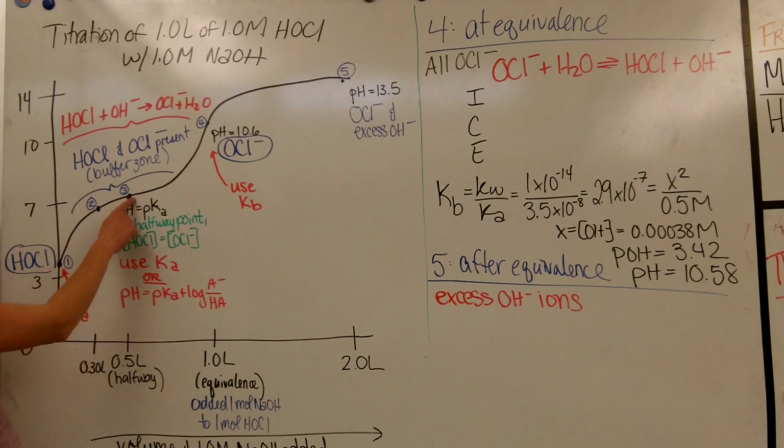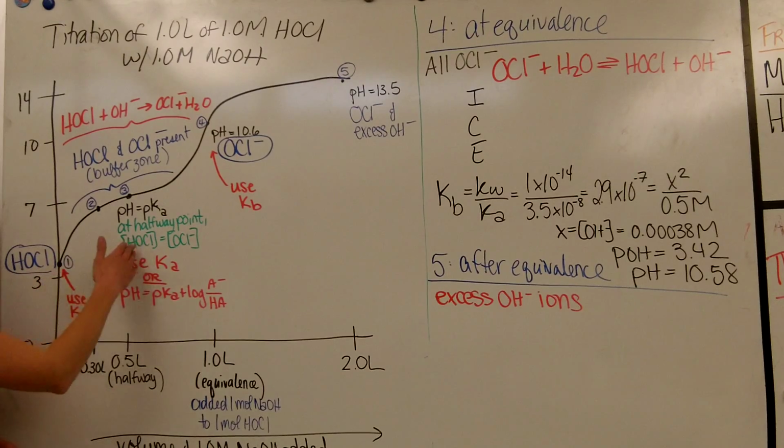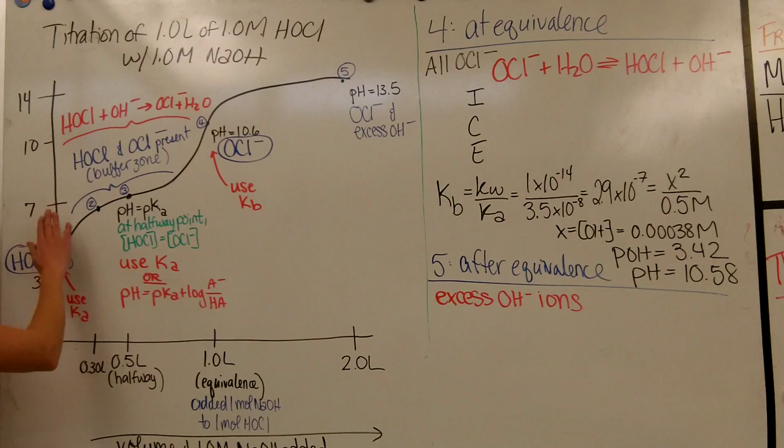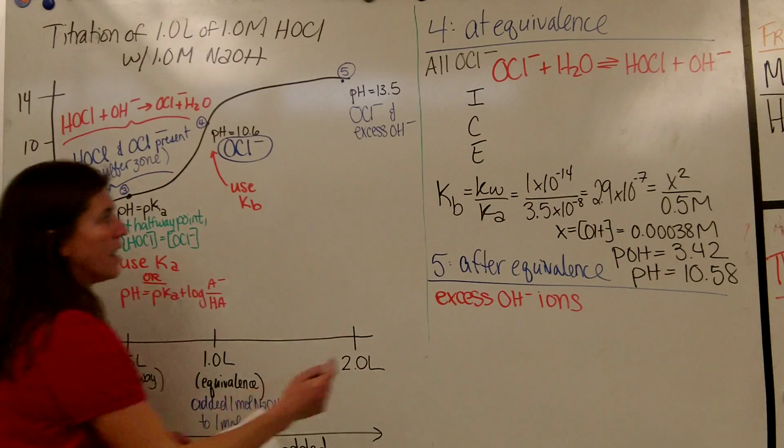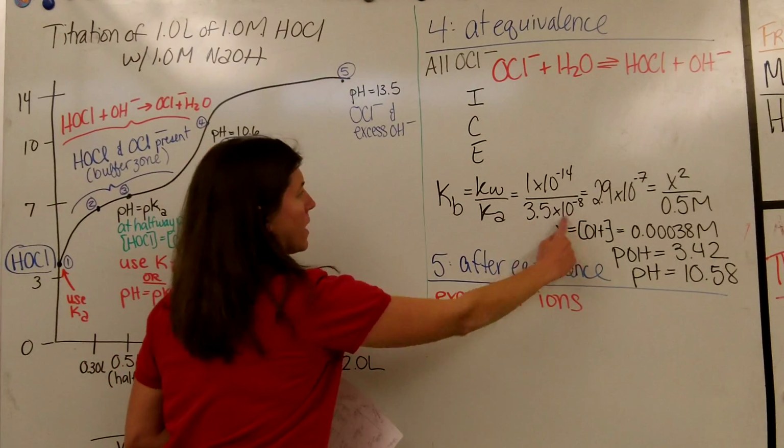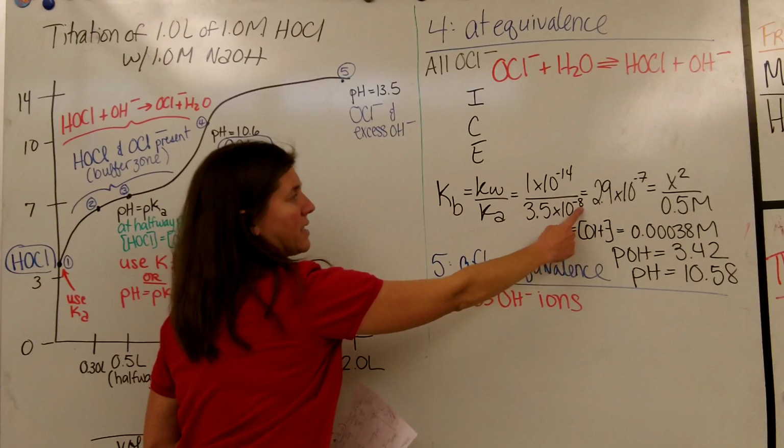So in this case, at this point along the curve, to find the pH, I can just take the negative log of the Ka value. And the Ka value in this case was 3.5 times 10 to the negative 8th. If you take the negative log of it, you will find that your pH is around 7. And again, if you want to know how you can do that in your head, just guesstimating it, if you're trying to take the log of this number right here, it's going to be a little bit less than this value.